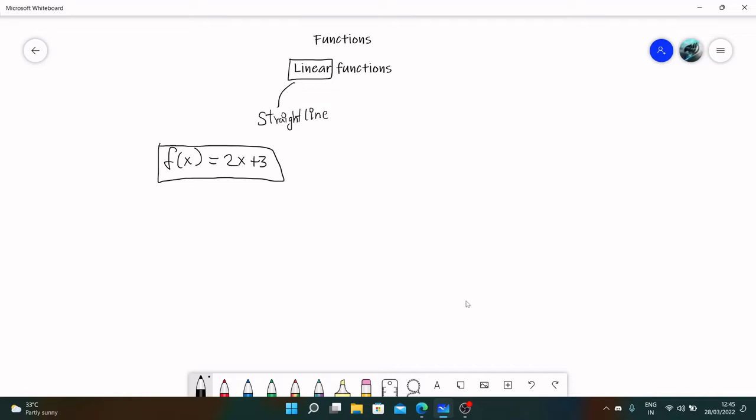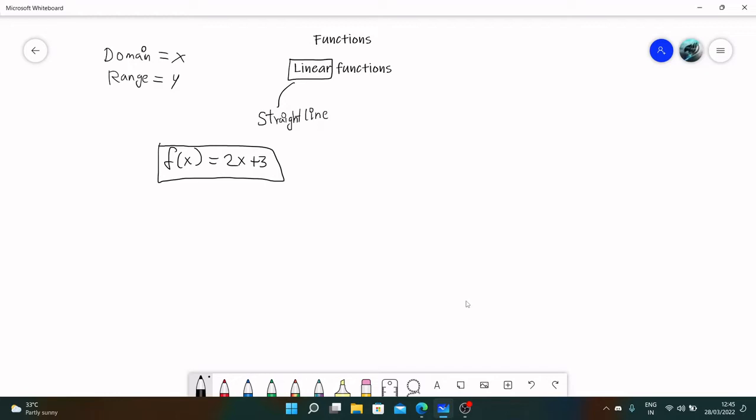Over here, we're giving the input as an x, and then we get the output as a y. We know that from the domain. Our domain is a set of inputs, and our range is a set of outputs. Our domain is represented by x, and our range is represented by y. We know that the output for this function will give you the y value that corresponds to the x value.